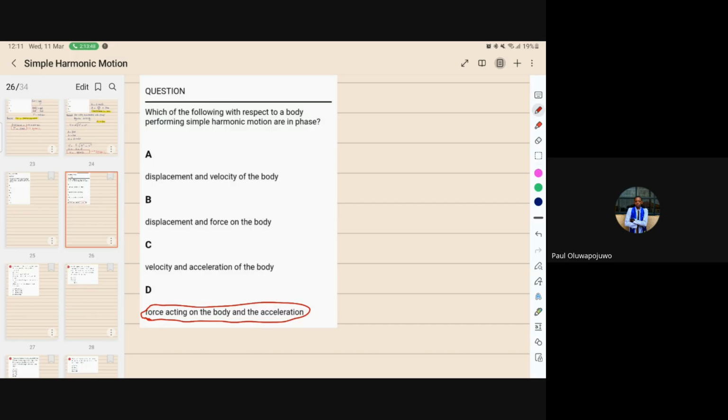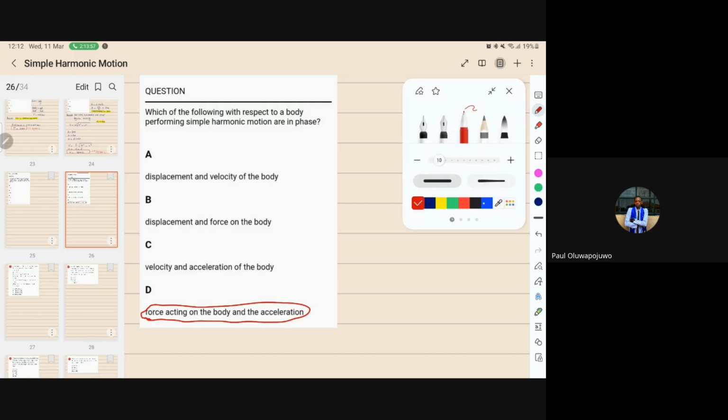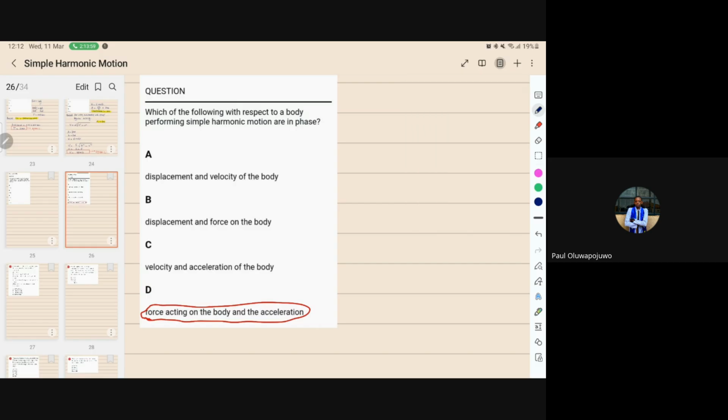But because I want to give you additional information on this, let me tell you a few things about the phase relationships of displacement and velocity. If you can remember, it's good and fine; if you cannot, that's entirely fine as well.